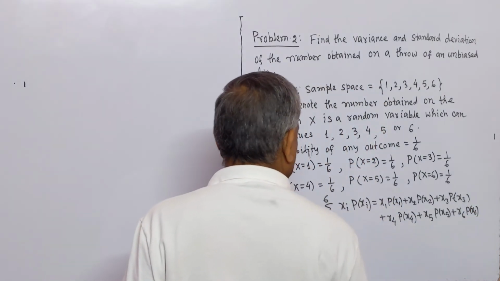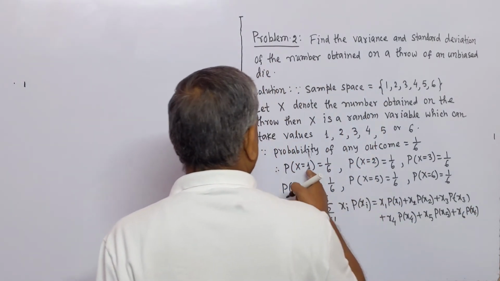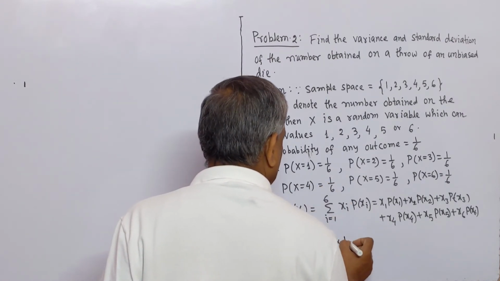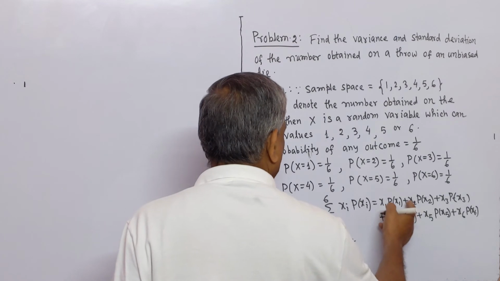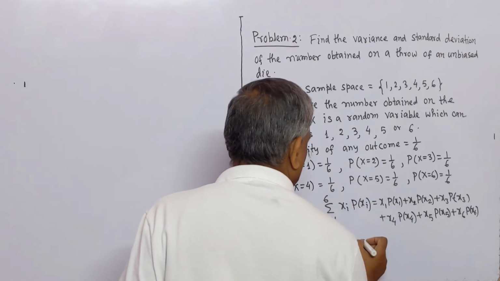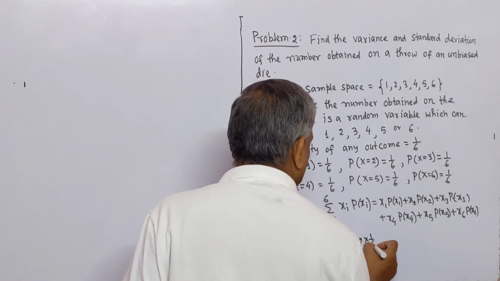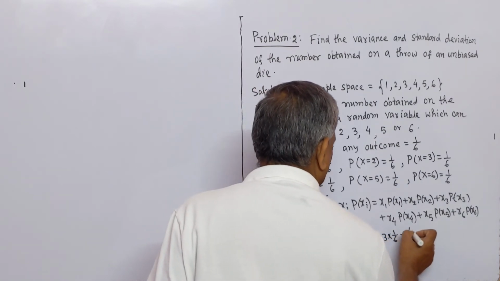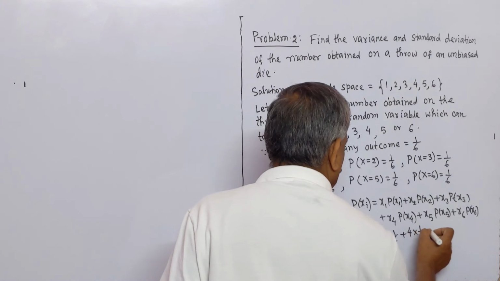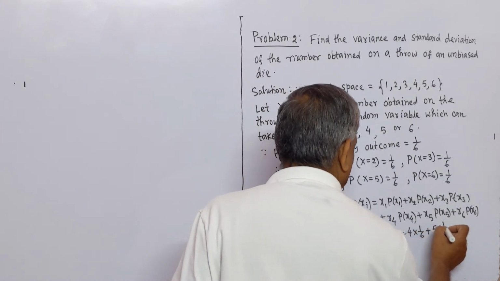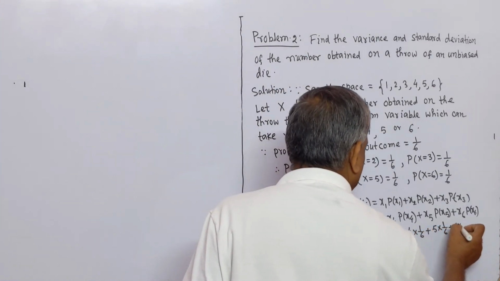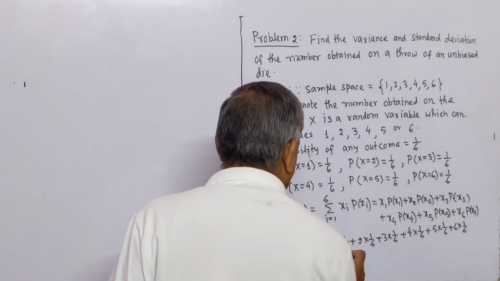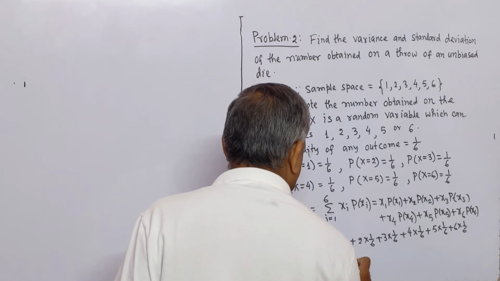This is equal to x1 is 1, its probability is 1 by 6, x2 is 2, multiplied by probability 1 by 6, similarly 3 multiplied by 1 by 6, 4 multiplied by 1 by 6, 5 multiplied by 1 by 6 plus 6 multiplied by 1 by 6, and this is equal to 21 by 6.